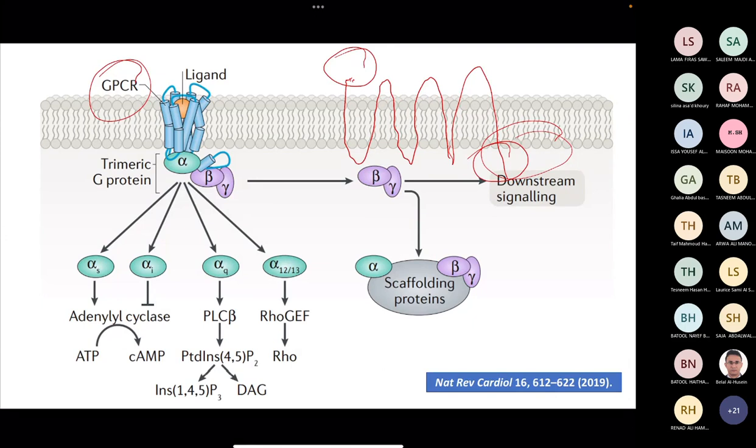So the G proteins are composed of 3 subunits. Alpha, which is different in each of the receptors. It could be alpha S, alpha I, alpha Q, alpha 12/13. And the second subunits are beta and gamma, which are linked to each other.